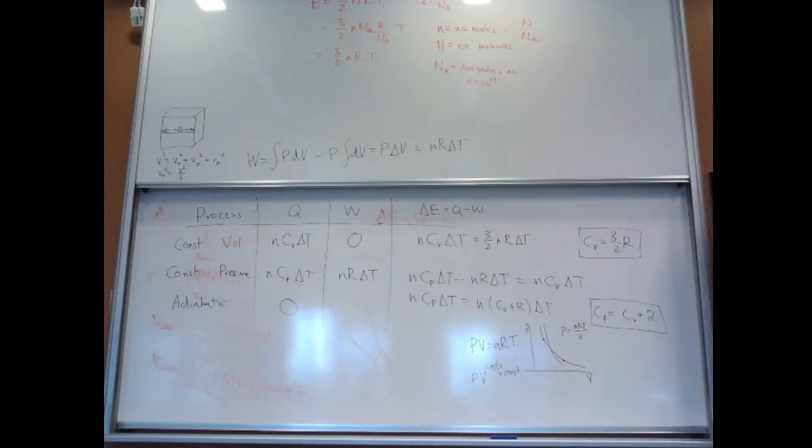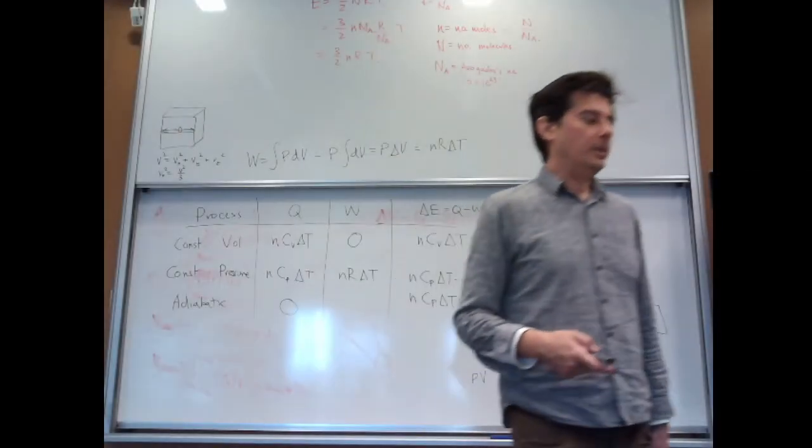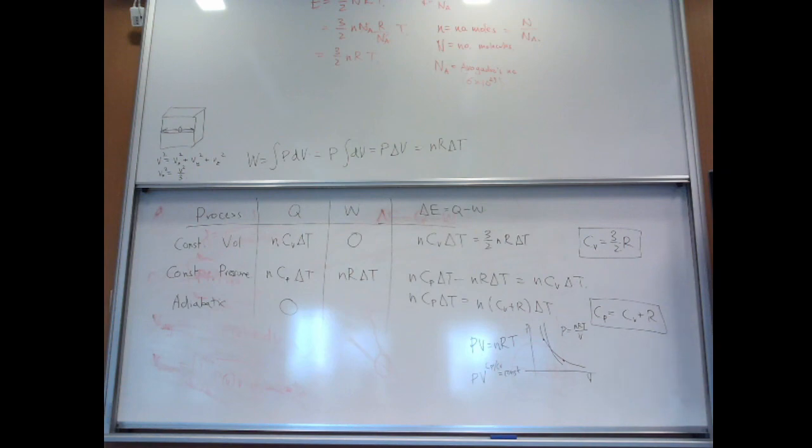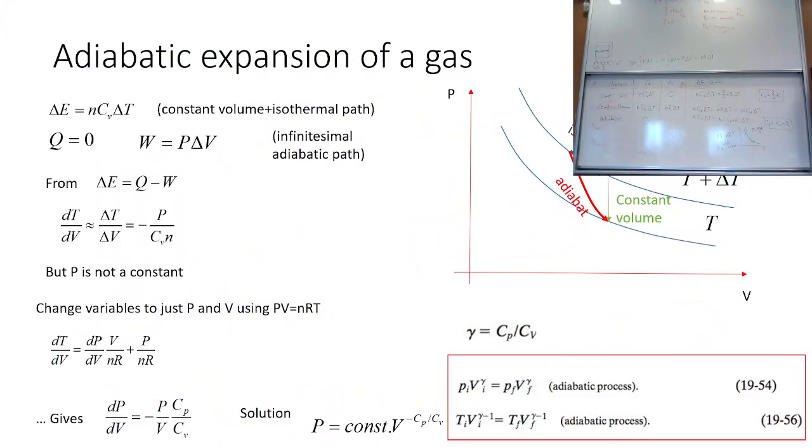And then you can use the ideal gas law to rewrite this in terms of the temperature, if you like. You just substitute P equals nRT over V into this relation, and then you can write it like that. This will be, again, given to you as a formula in the formula sheet.